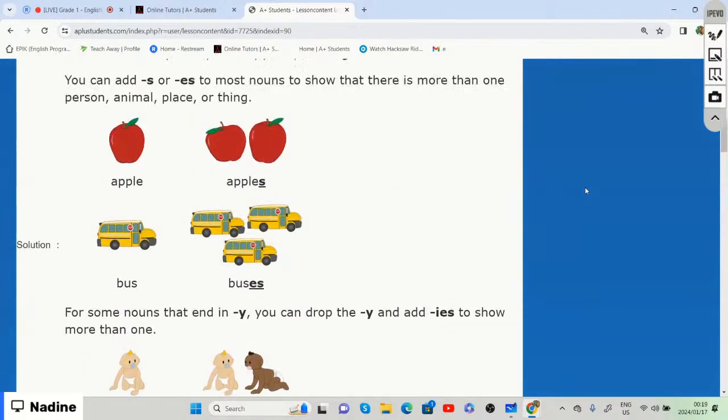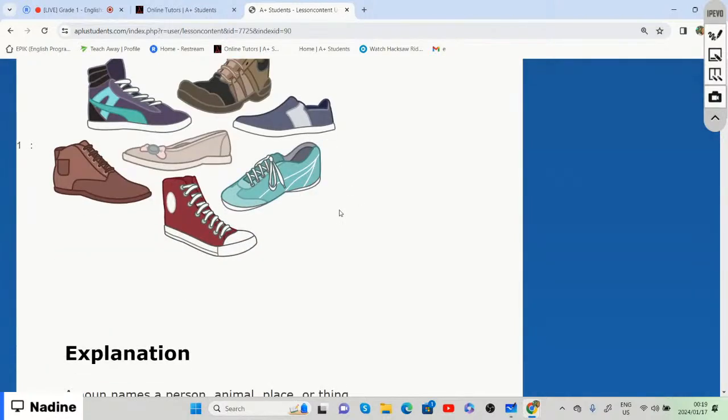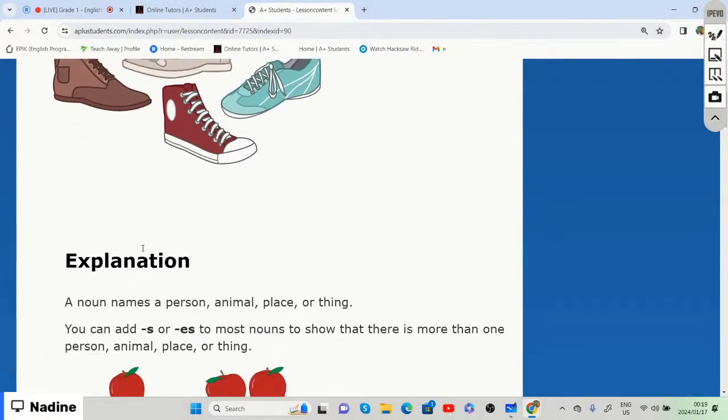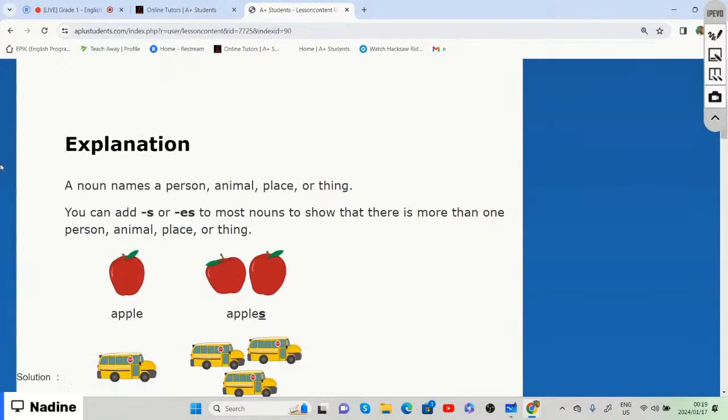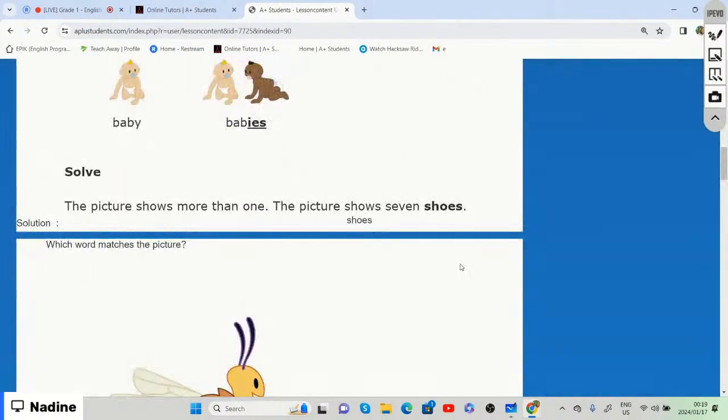All right, so now let's do our test. So we need to match the pictures with the word. And we say that there are 7 shoes, right?